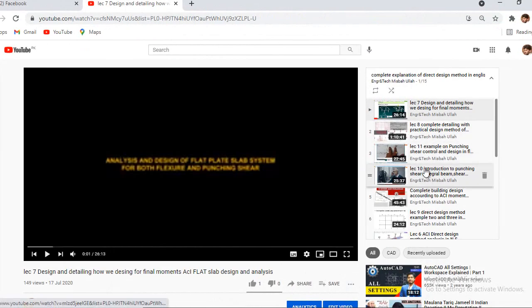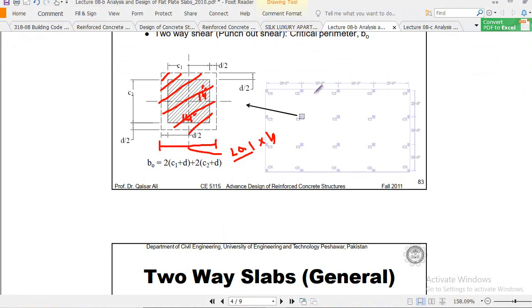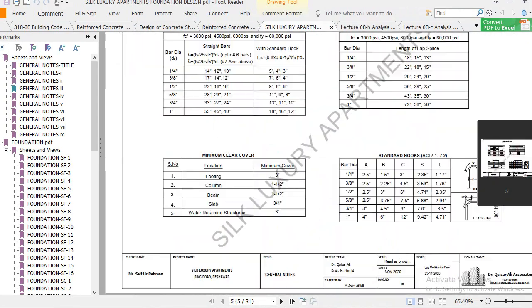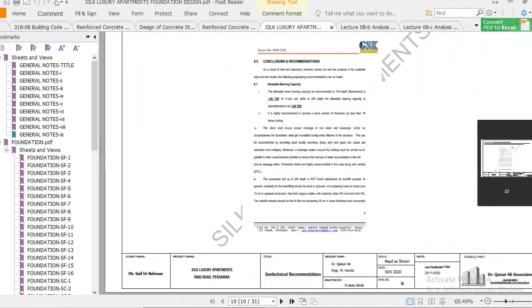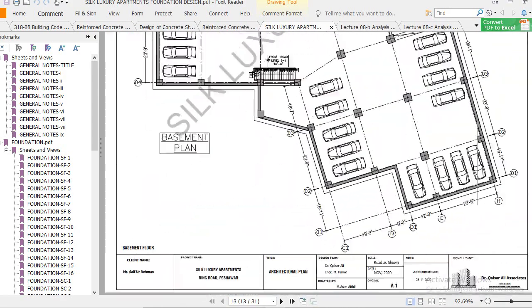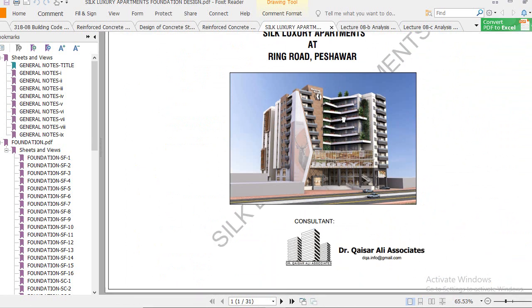So go there, watch lecture number 11 and 10. You will understand how to design an integral beam. At this moment, the design of the integral beam is very important. I already discussed this design in my lecture number 11, and I showed that, remember, this is around a 13-14 story plaza.